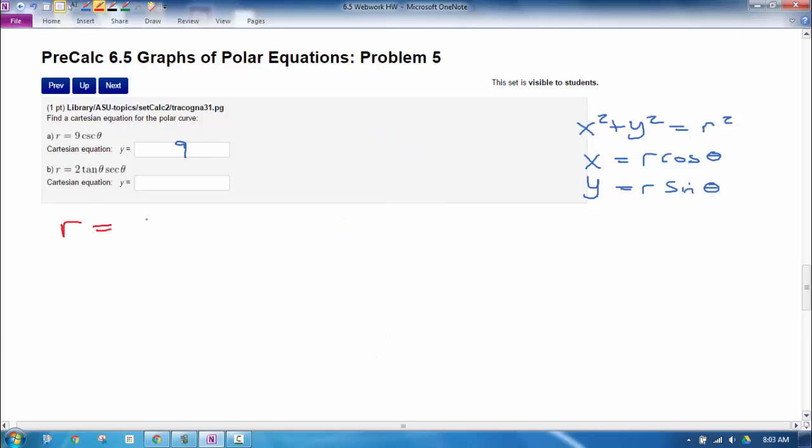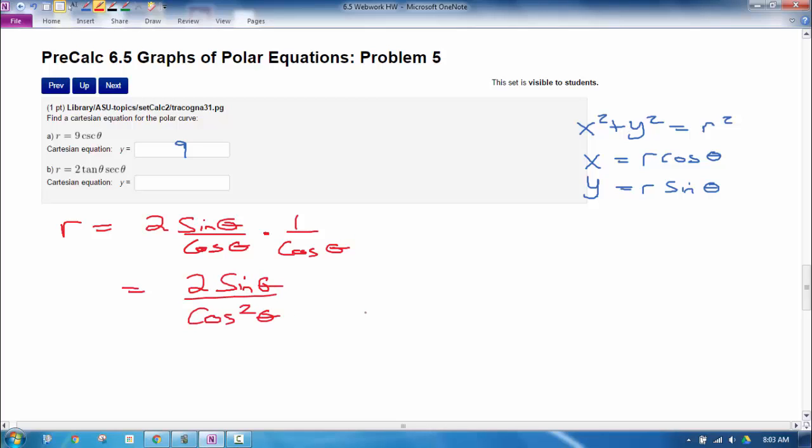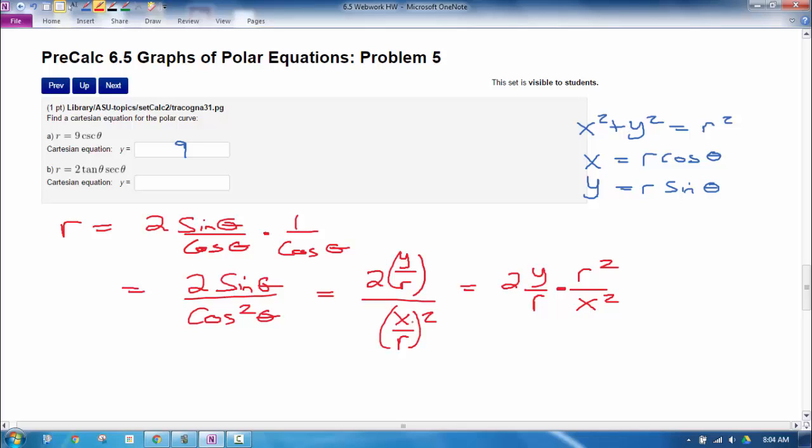Next one, same thing, it's just all algebra. So it's 2 times the tangent. I'm going to write that as sine of theta over cosine of theta, times the secant, which is 1 over cosine of theta. So this becomes 2 sine of theta over cosine squared of theta. Now I can replace sine from this equation with y over r. I can replace cosine with x over r. Then instead of dividing by the fraction, I can multiply by the reciprocal.